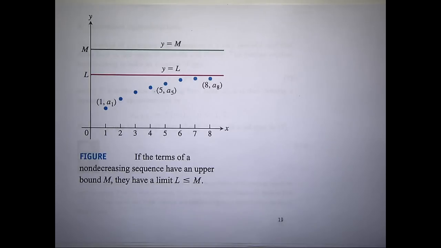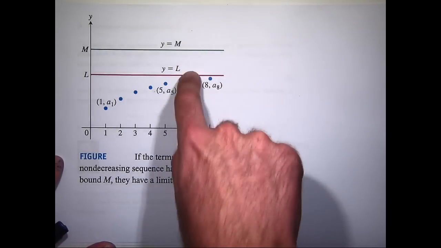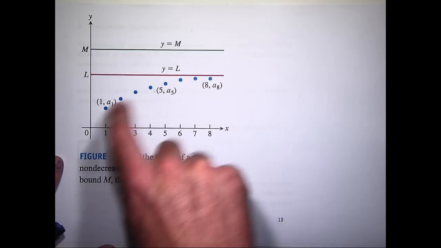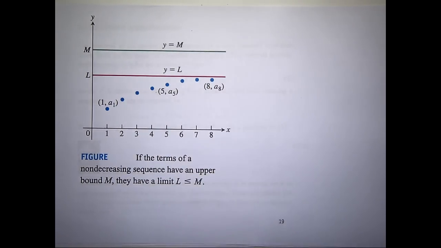Okay, so you can see in this case, the limit is actually less than big M. So it's like a graphical representation of what the monotone convergence theorem says.